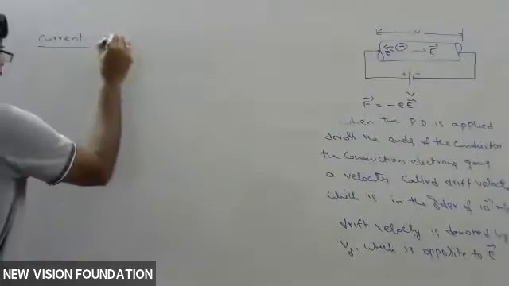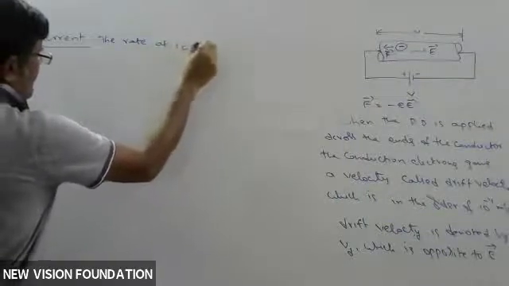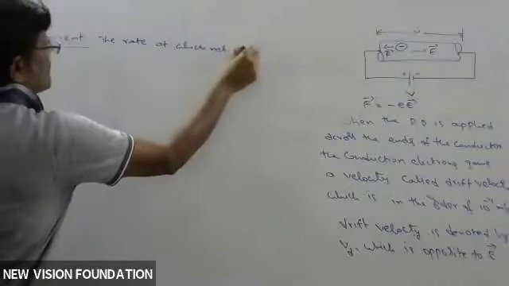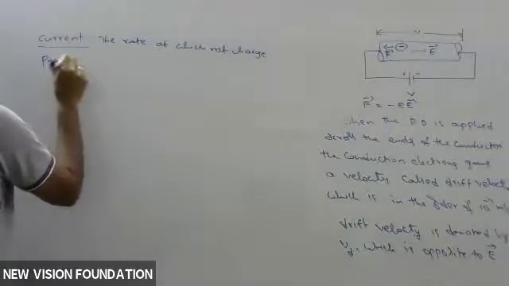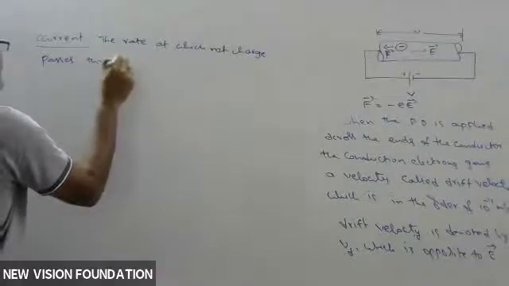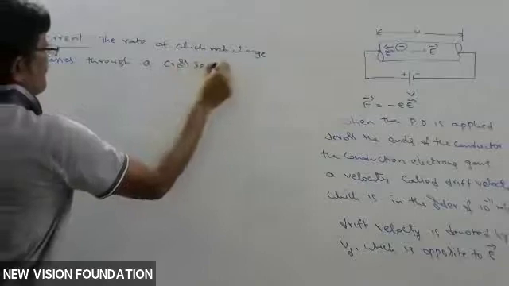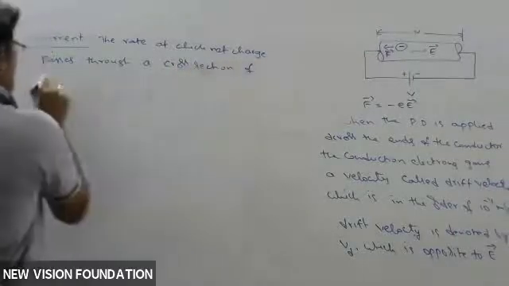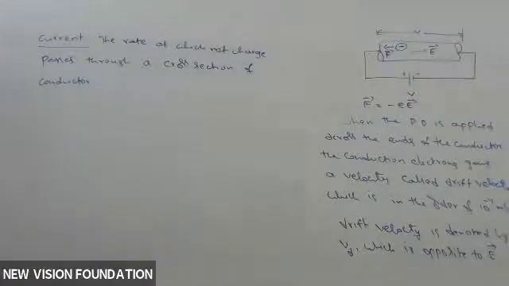The rate at which net charge passes through a cross section of conductor.